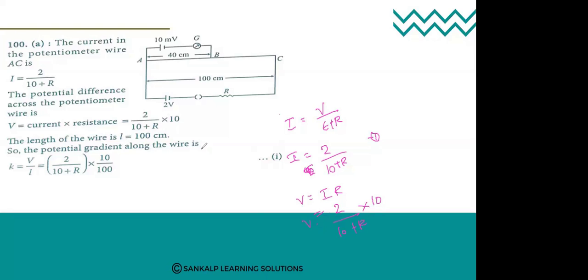Therefore, the potential gradient along the wire is K is equal to V by L. So V value is how much? It is 2 into 10 plus R divided by L. And here 10 is there. So therefore, here it will be 10 divided by 100. This is equation 2. You can copy down up to this point.